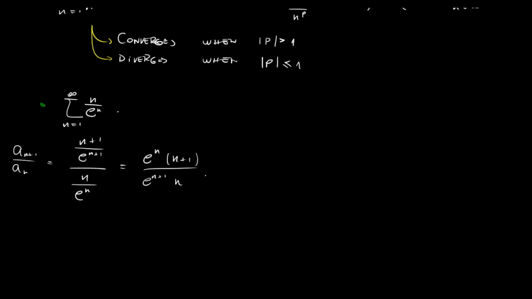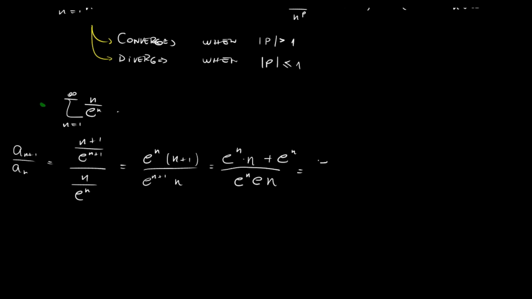Using the distributive property on the numerator, we have e to the power n times n plus e to the power n, and all this divided by e to the n times e times n.